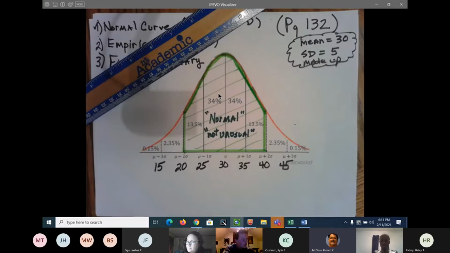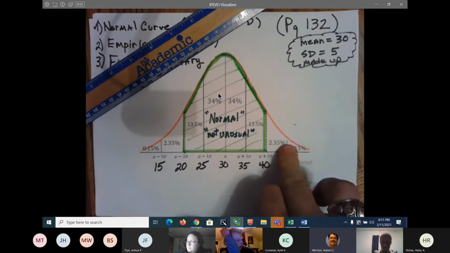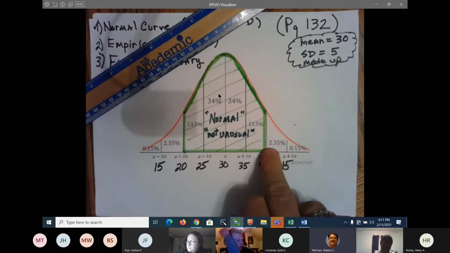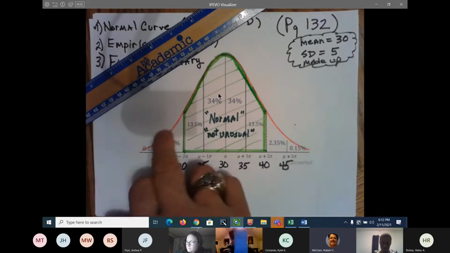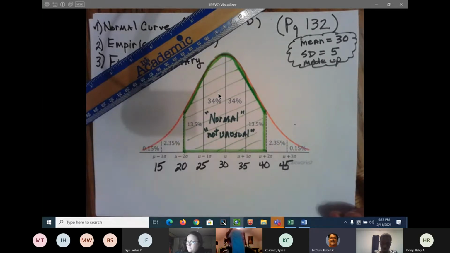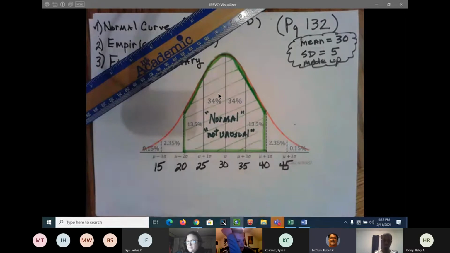And that is 2.5 here, and 2.5 here. Because what's 2.5 plus 2.5? 5. So this is 5%. Both of these areas right here equal 5%.